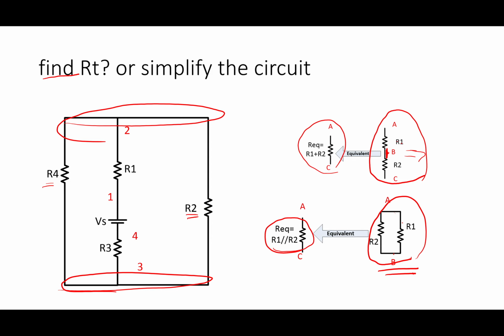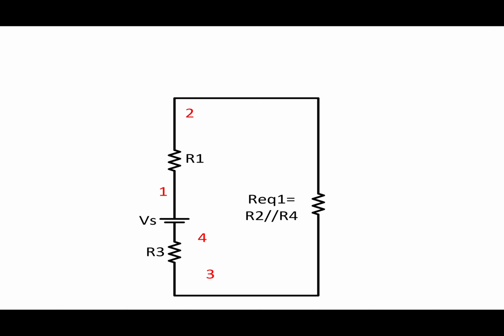What I will do is replace these two resistors with an equivalent single resistor connected between node 2 and node 3, and I will remove these two resistors, replace them actually, so the circuit becomes as drawn here.